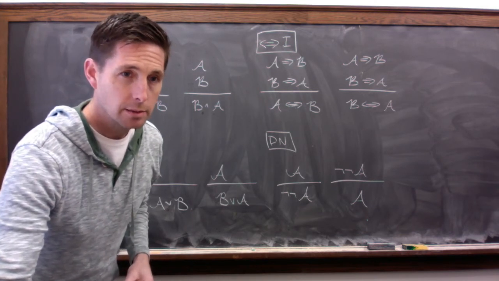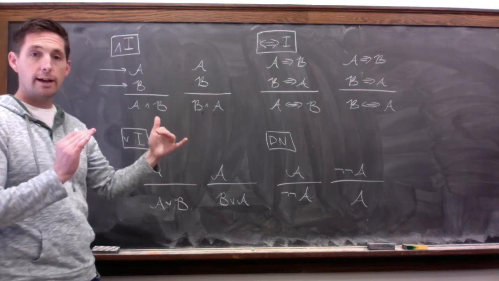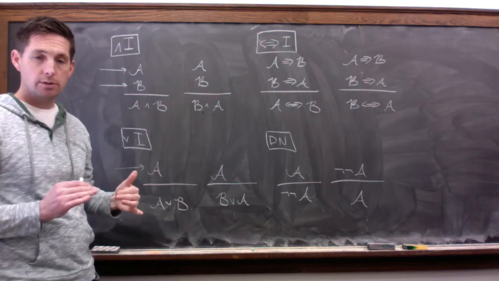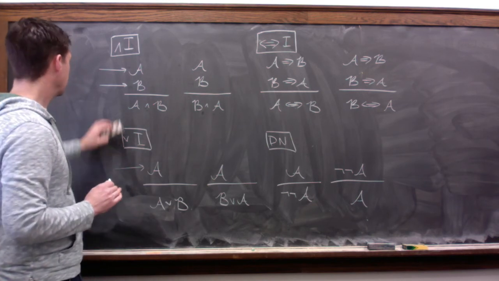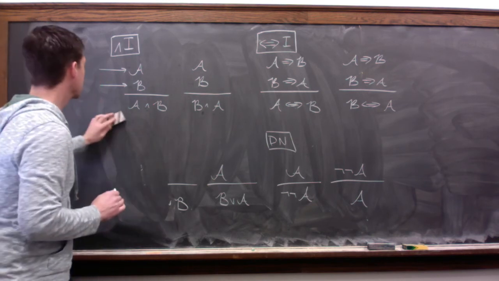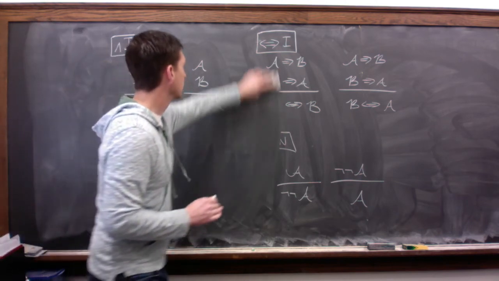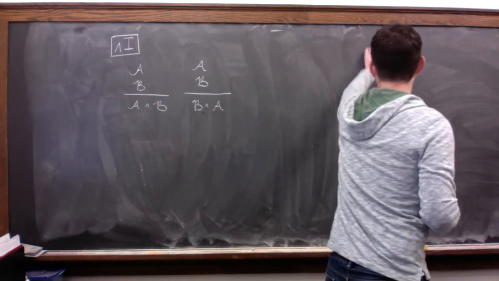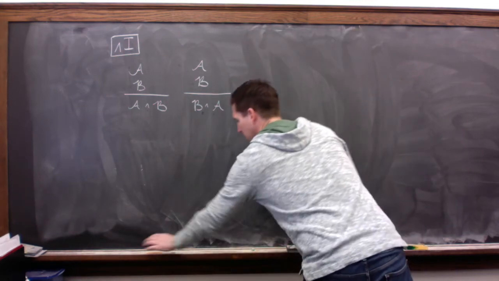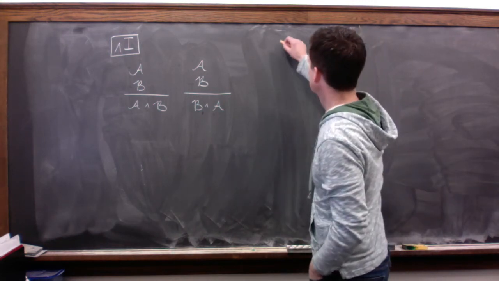The last thing I wanted to point out is that our rules apply to whole lines and not parts of lines. And to explain what I mean by that, let me erase everything except for AND in here and just give an example. So suppose we've got a derivation that goes like this.